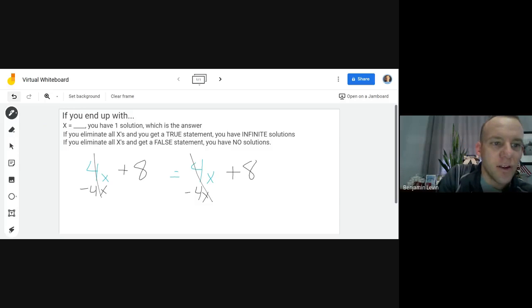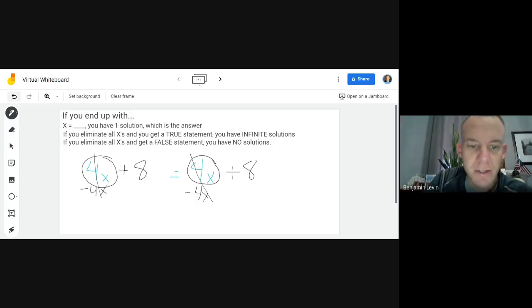So another way of saying this is if you see the same number of x's or the same number of variables on both sides of the equation, you are going to end up eliminating all of the x's, okay? So again, if there are the same number of x's on both sides after you've combined your like terms, you are either going to have infinite solutions or no solutions.